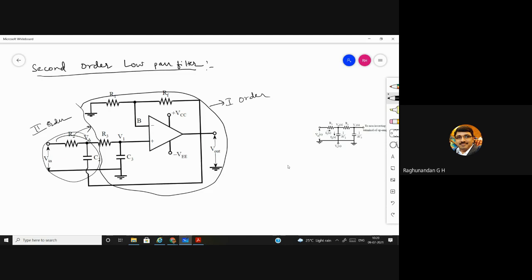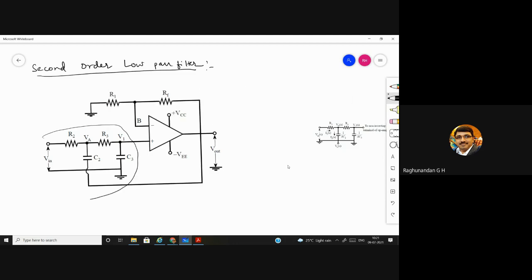So here, when it is first order or second order or anything, we need to mainly concentrate on the filter part. Apart from this filter, this portion is just a non-inverting op-amp. For non-inverting op-amp, we already have a formula.